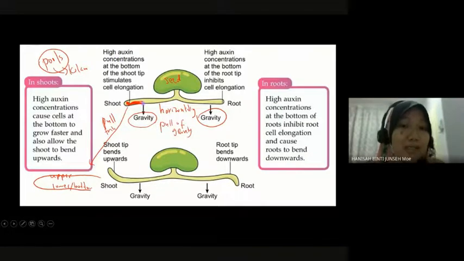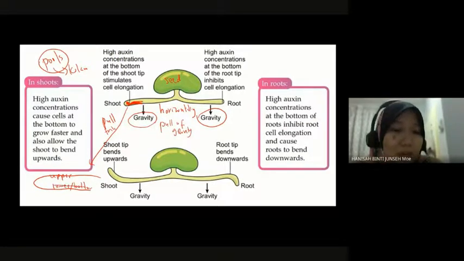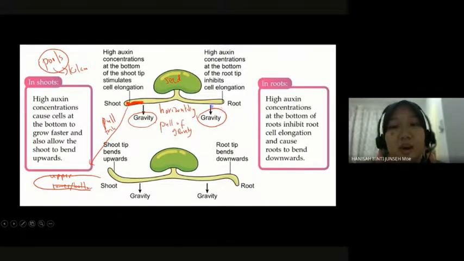Okay, kenapa dia ada di bawah? Because of the gravity pulls. So this gravity causes the auxin to accumulate at the bottom of the shoot tip. The same thing happens at the root. Because the gravity pulls the auxin so that the auxin accumulates at the bottom side of the root tip.